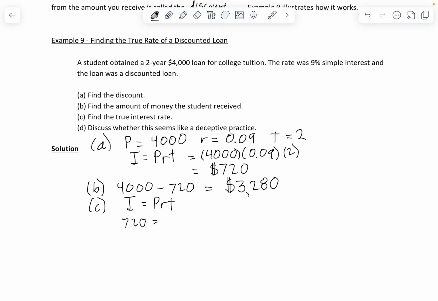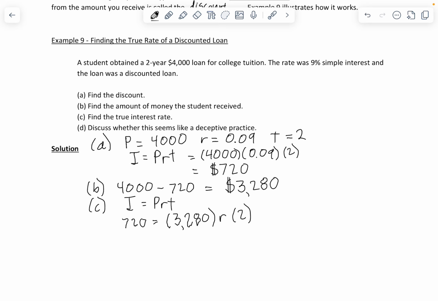The principal here is the amount of money the student received, which was $3,280. Okay. R is the true interest rate, which we're trying to find. The term of the loan is 2 years.